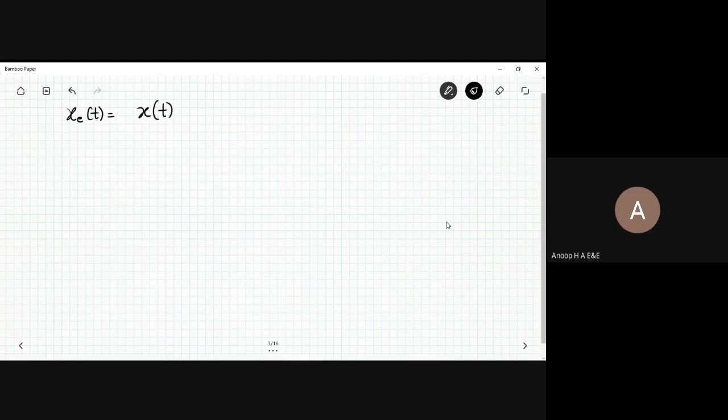It is x of t plus x of minus t, divided by 2. So x of t is cos t plus sin t plus sin t cos t, plus x of minus t, which is cos t minus sin t, minus sin t times cos t.